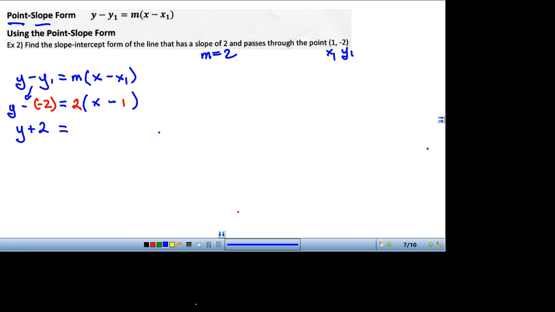I'm going to distribute this 2 into everything. So once I have y plus 2 equals 2 times x, 2x, 2 times negative 1, which is negative 2. And now, minus 2 on both sides.